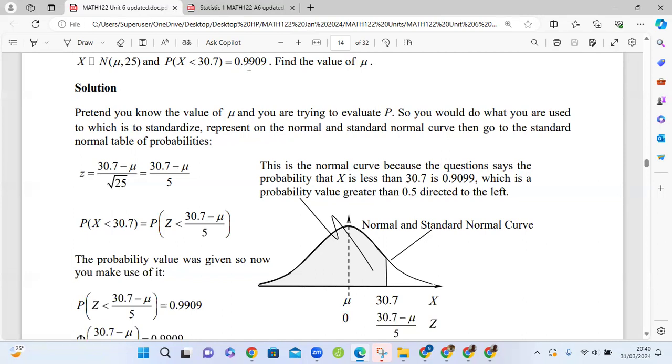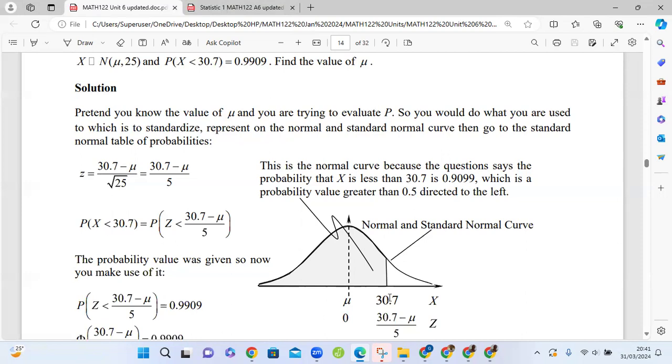Then that is where now we have to look to the probability value that is provided. We are given 0.9909, which is greater than 0.5. That's a phi of. In terms of the language that we are using here, phi of is a probability value which is greater than 0.5. So in order to shade towards the left a region which is greater than 0.5, we have to start on the right side of mu.